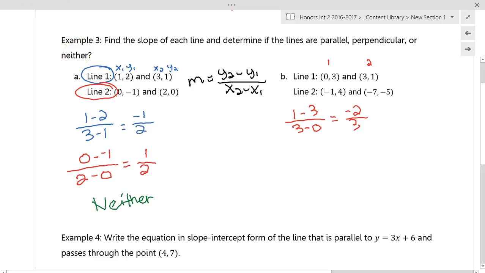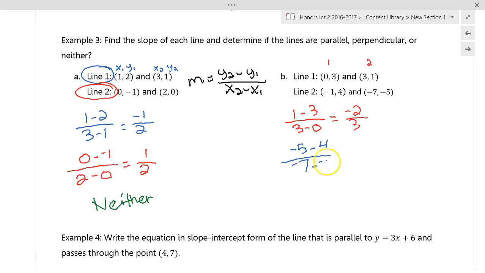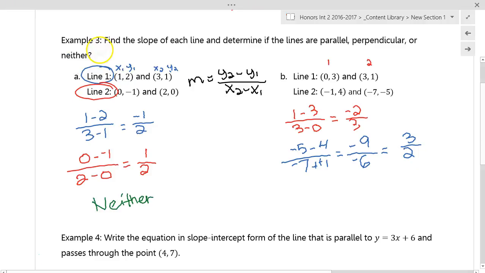Line 2, I have negative 5 minus 4 over negative 7 minus negative 1. Negative 5 minus 4 is negative 9. Negative 7 plus 1 is negative 6. That does reduce to 3 over 2. These are opposite reciprocals, so these are perpendicular.